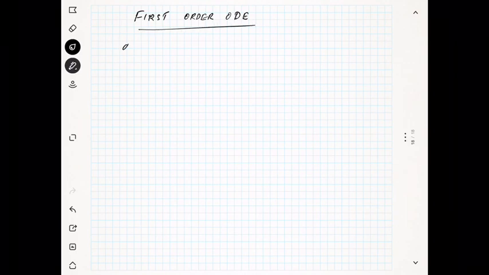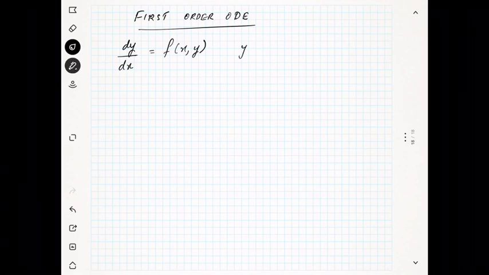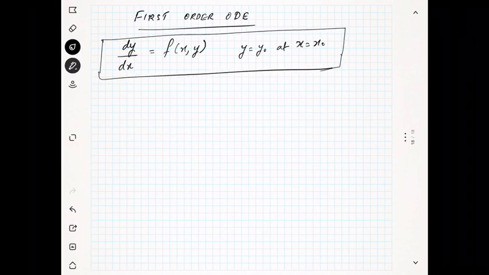In general form it is dy by dx equal to some function of x and y, and it is also given that y equals y naught at x equals some x naught. So this is the general form of the first order ordinary differential equation, and we want to find the numerical solution for this.